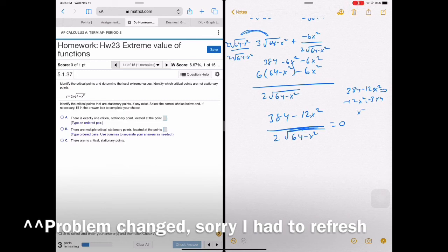X squared equals... let me use a calculator here. 384 divided by 12. It's probably going to be 32, I think. 384 divided by 12.